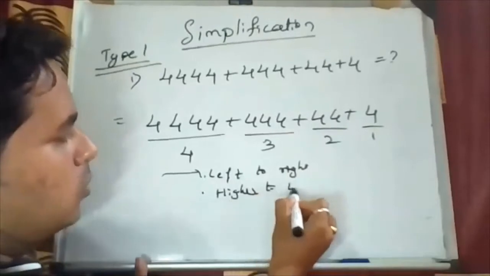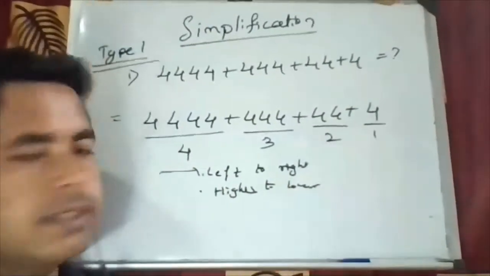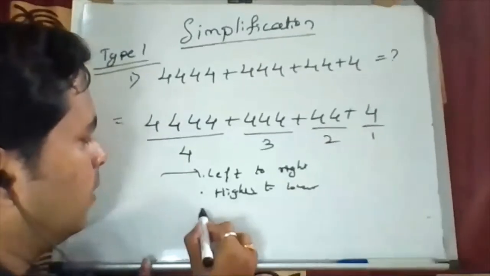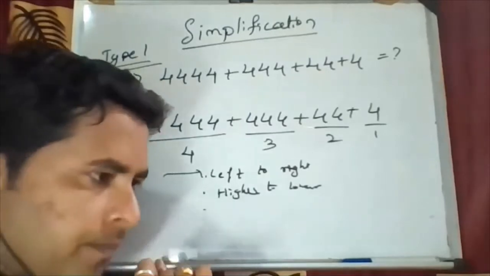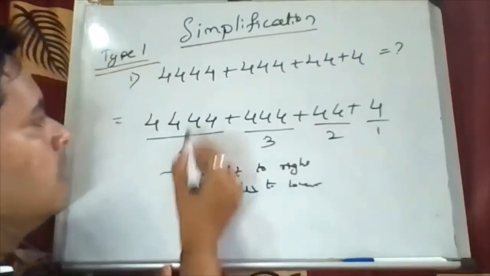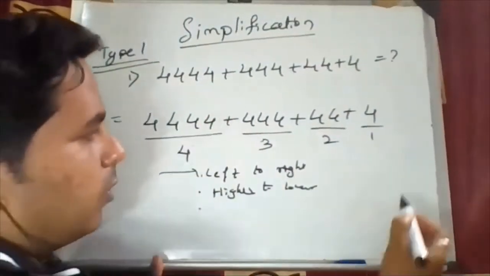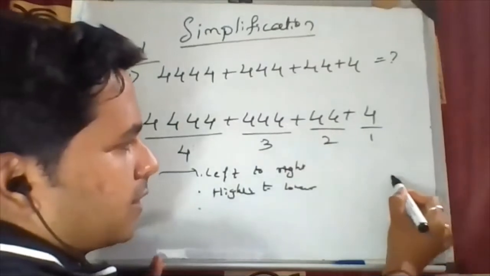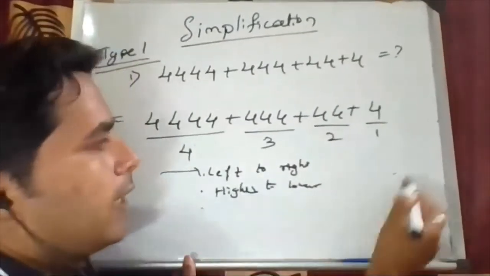Here your higher one is 4 and the lower one is 1. So just multiply 4 into 4. 4 into 4 is what? 16, you'll get 16, so you'll get a 1 carry.